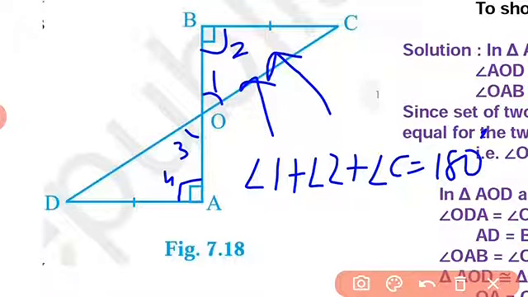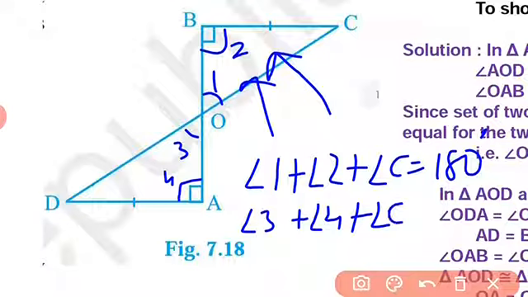Now we know that angle 1 is equal to angle 3. Why? Because vertically opposite angles. And angle 2 is equal to angle 4 as both are 90 degrees. They are perpendicular. Lines BC and AD are perpendicular. Therefore angle 4 and angle 2 are 90 degrees. So that means angle 2 is equal to angle 4.